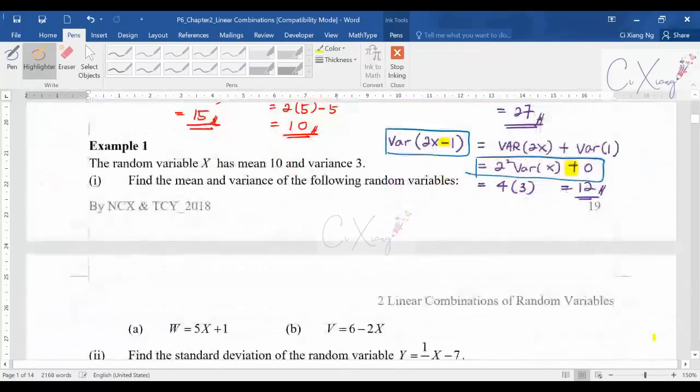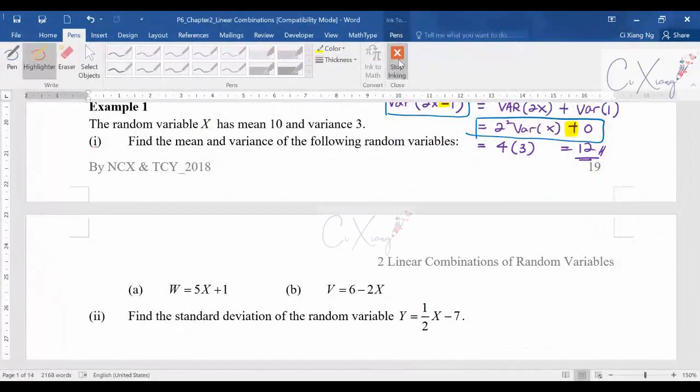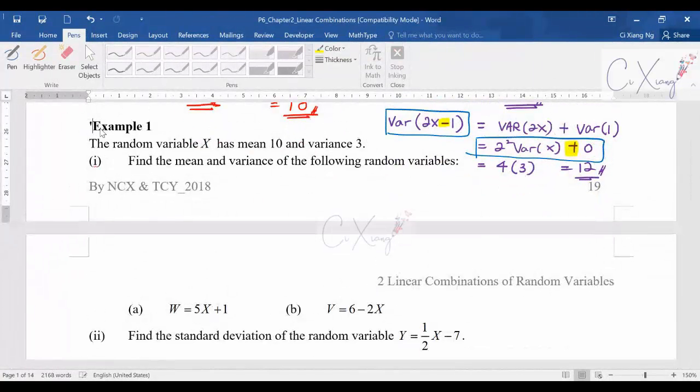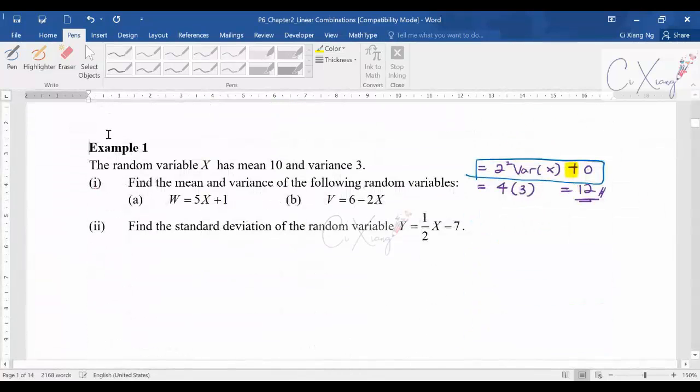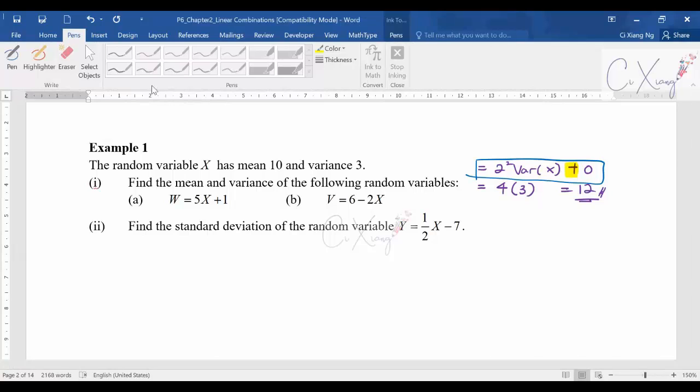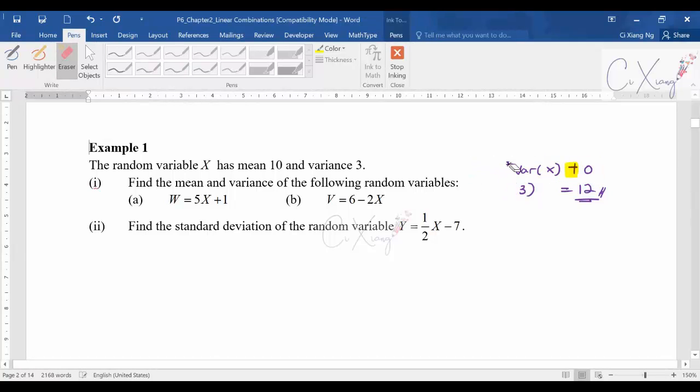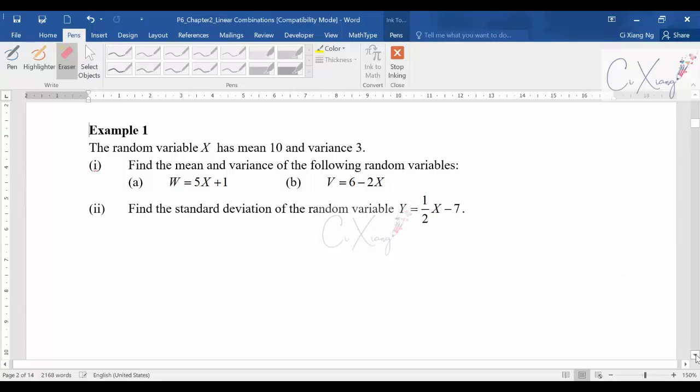Let's say example 1. Okay, so for example 1, let's say we have the random variable x with this mean and also the variance 3.